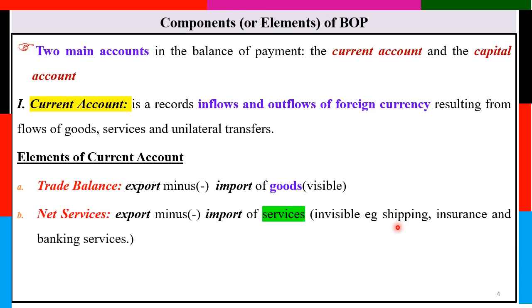Or foreign ships may carry cargo for Ethiopian importers. At that time, Ethiopia pays for the service of the foreign ships, and this is what net services means. Again, Ethiopian banks interact with banks of the rest of the world, receive and send foreign currency, and give the service. Their difference is the net service.